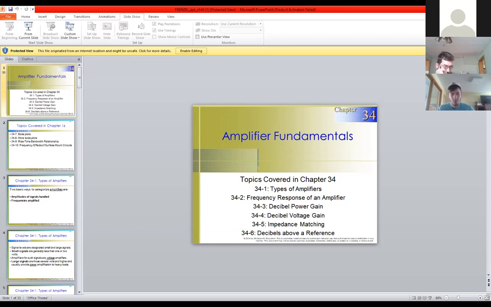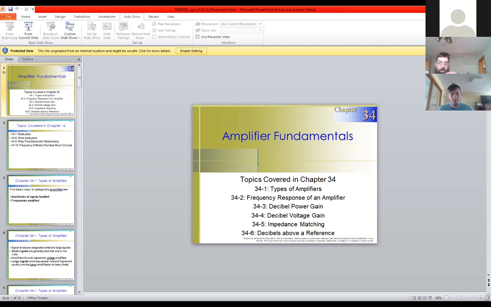Another thing that they look at is the decibel gain, decibel voltage, decibel power. We'll also be looking at something called impedance matching, which is somewhat related to something I talked about a little bit before. I never went totally in depth on it with the superposition theorem.